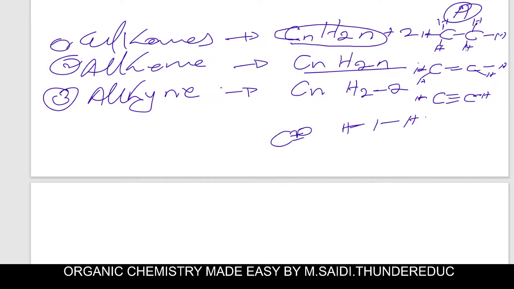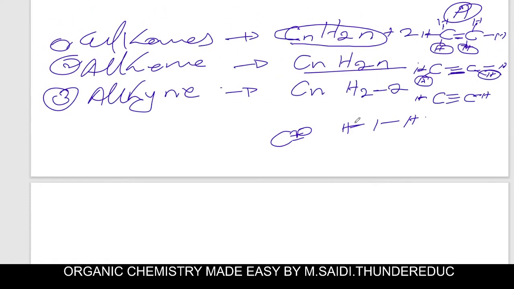It means that this and this were lost, and then this bond joined to form a double bond. That's why you have 1, 2, 3, 4 to form this. And then when this one and this are lost, these parts join to form a triple bond. Then you remain with 2 hydrogens, this hydrogen and this hydrogen. Hence, you form alkynes. I think I'm clear there. So basically, you cannot go to the paper without knowing the general formula.